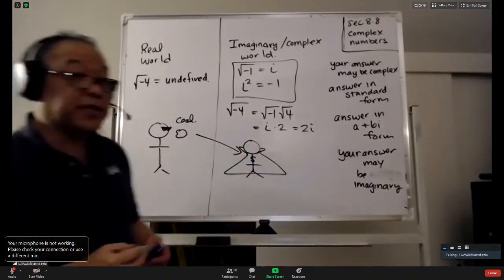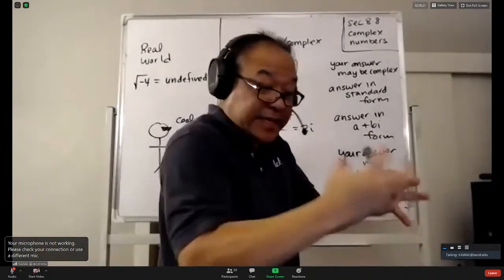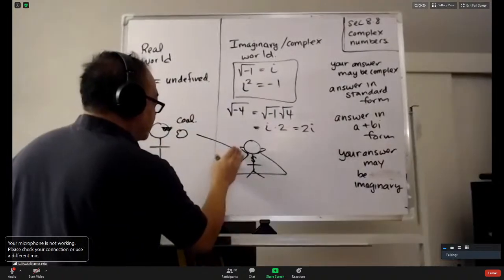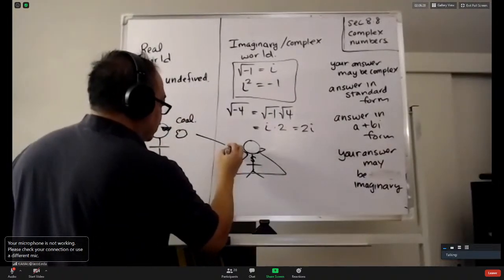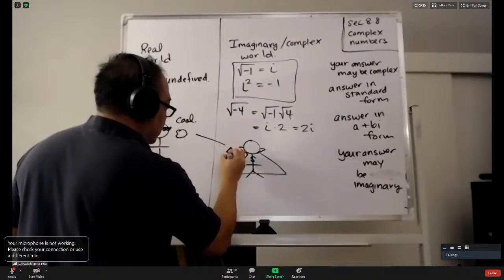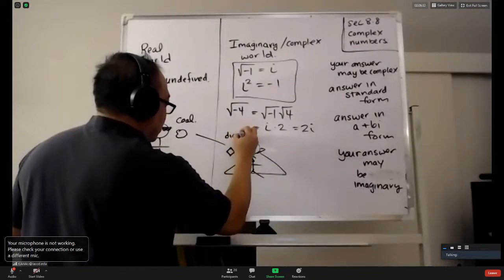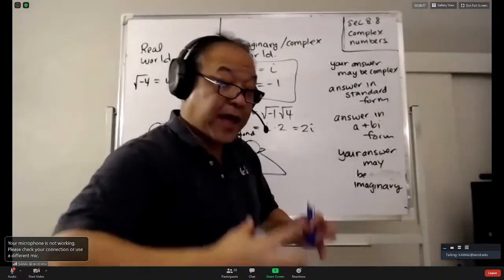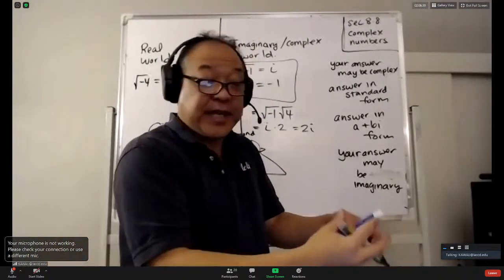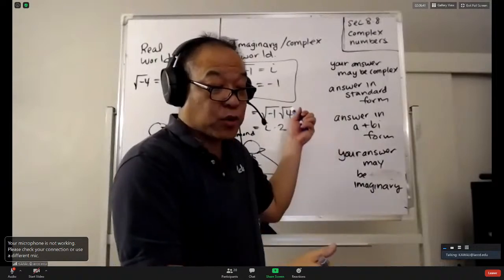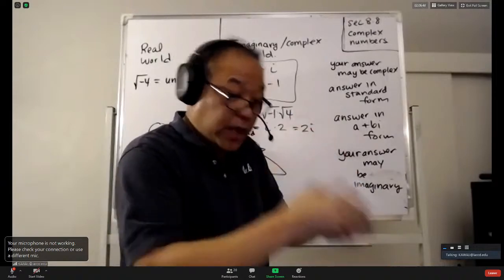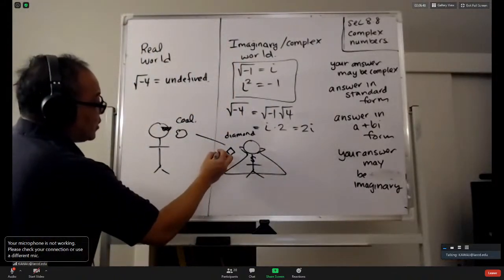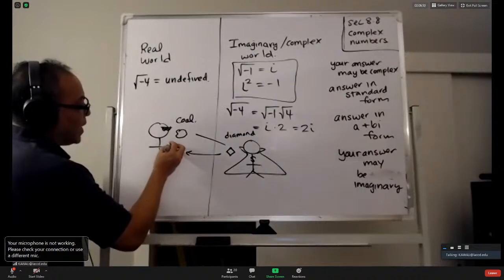Because he's really strong there, he squeezes it and it turns into a diamond. Because in the imaginary world he's Superman, he has this extra rule, he can squeeze it into a diamond, and then he returns it to the real world where he has a diamond.